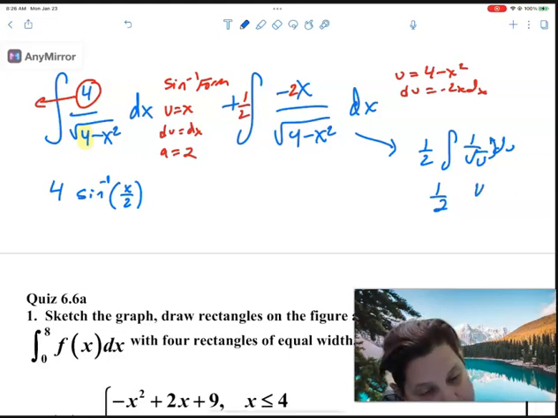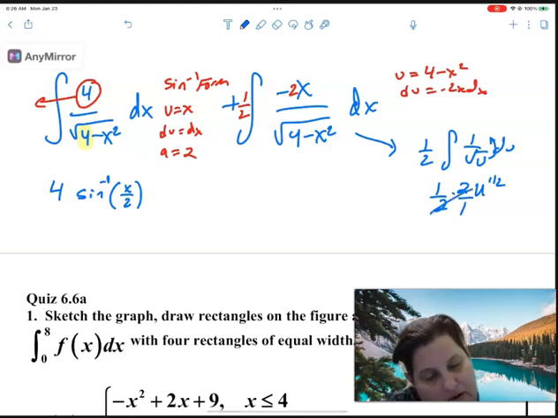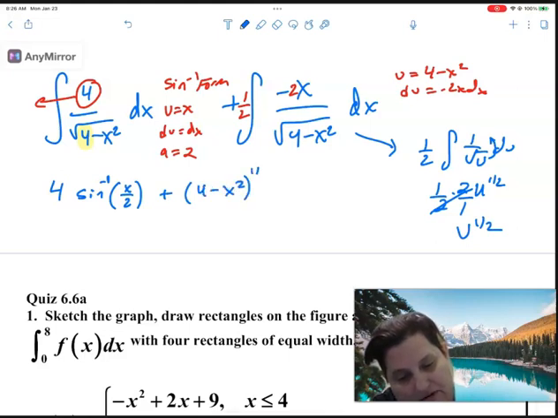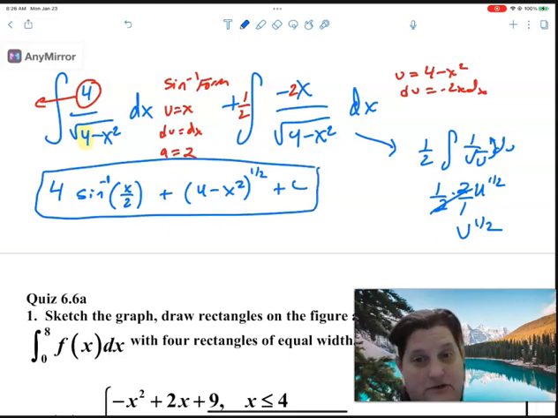If I add 1, it's u to the 1/2 over 1/2, which is times 2 over 1. So that basically just gives me u to the 1/2. So this is 4 minus x squared to the 1/2, and then the whole thing plus c. So it's like 2 different problems, one with u sub and one in inverse sine form.